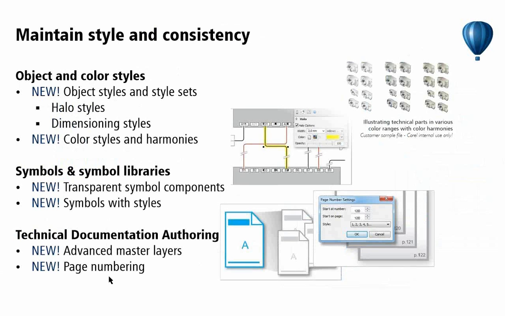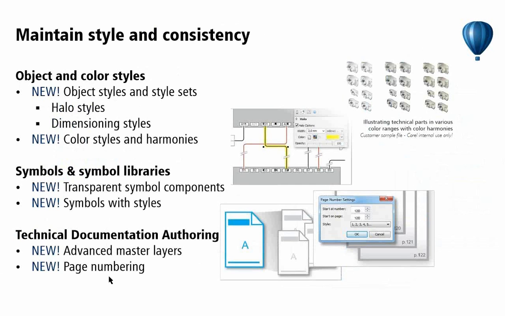So there is a whole style engine which has been reworked from scratch pretty much compared to previous versions of the product, and you can apply styles, define styles and style sets for all kinds of objects.